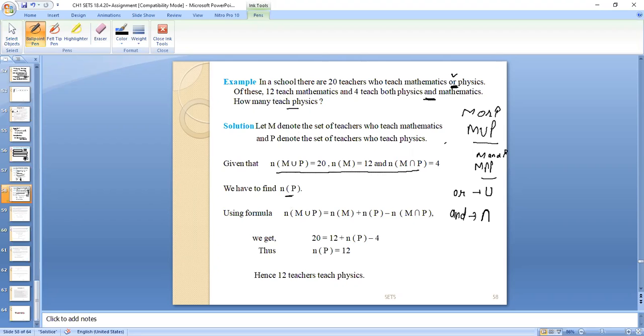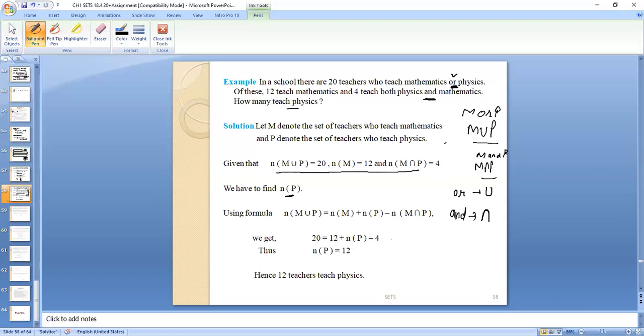Now, how many teach physics? We have to find n of P. So we will apply the formula. M union P is M plus P minus M intersection P, right? So number of elements in M union P, 20. Number of elements in M, 12. Number of elements in P, we have to calculate. Number of elements in M intersection P, it is 4.